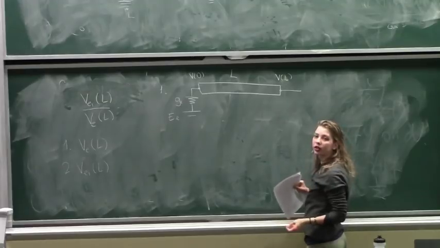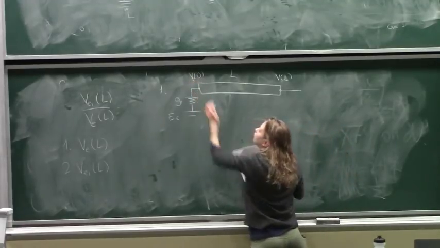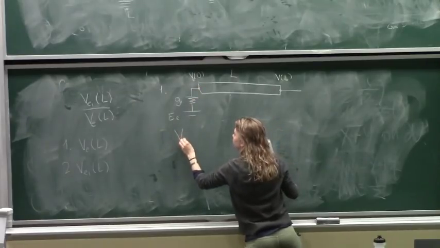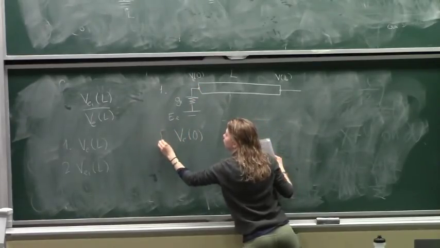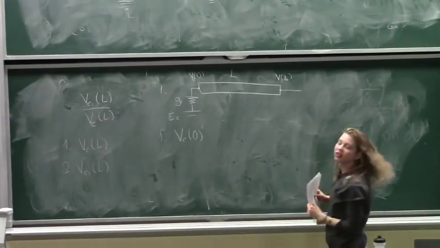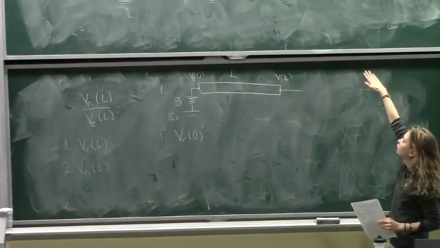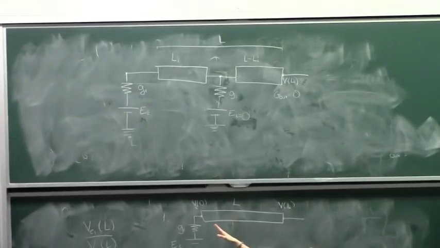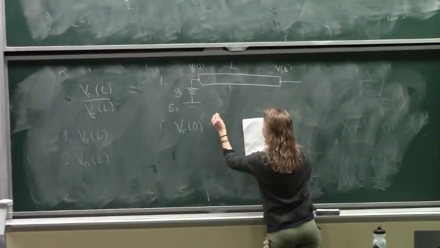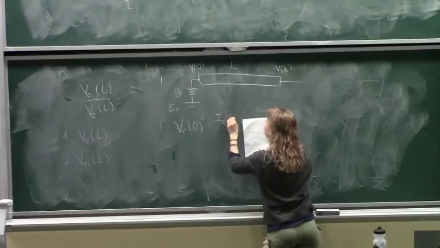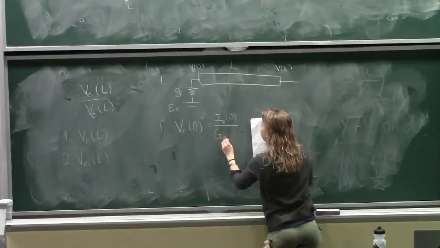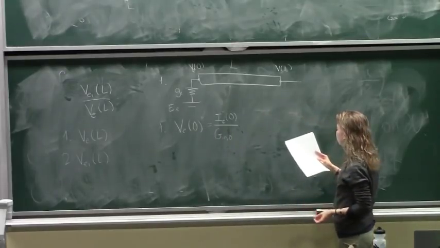First we need to find VE of 0, the voltage here. Because in order to find V of x using the relationship V of x over V0, you have to find what V of 0 is. VE of 0 is equal to the current at point 0 over the input conductance at point 0. So what is the current at point 0?